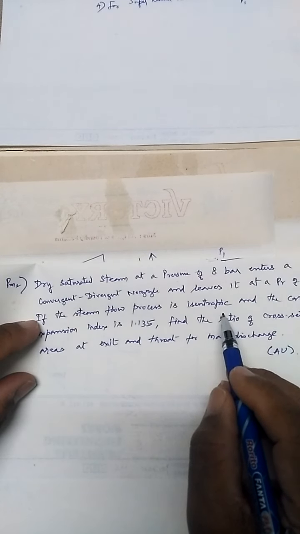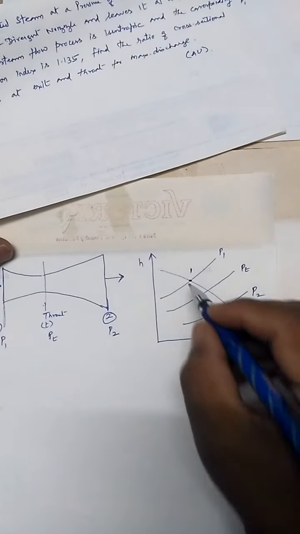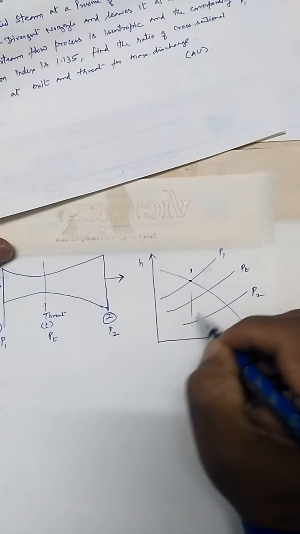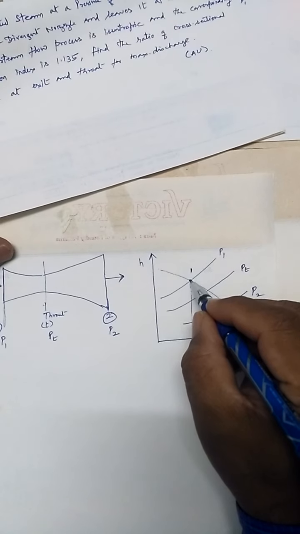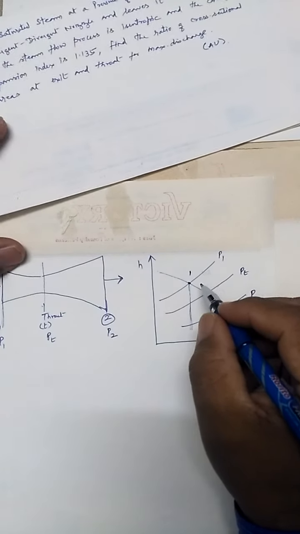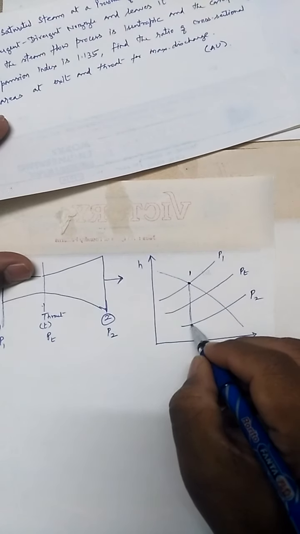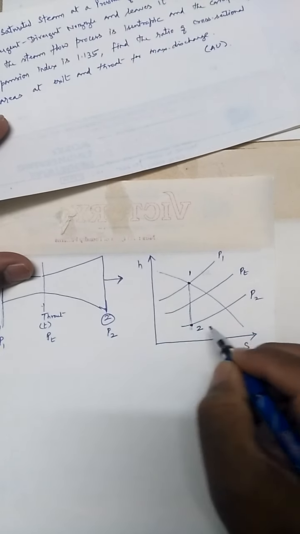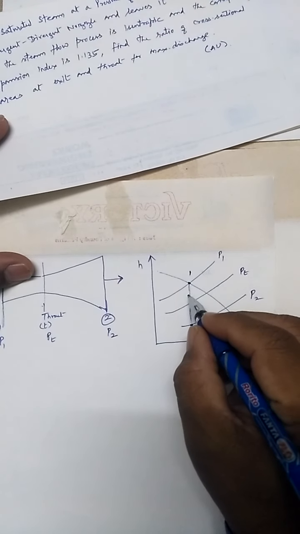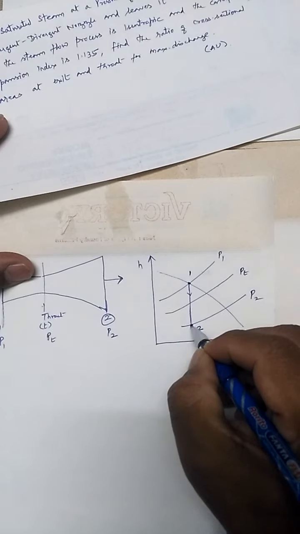The process is isentropic, as given, so the entropy will be the same for all points. This straight line gives the expansion process, from here to the exit pressure, up to this point, which is my second point. The pressure is reducing in this expansion process.